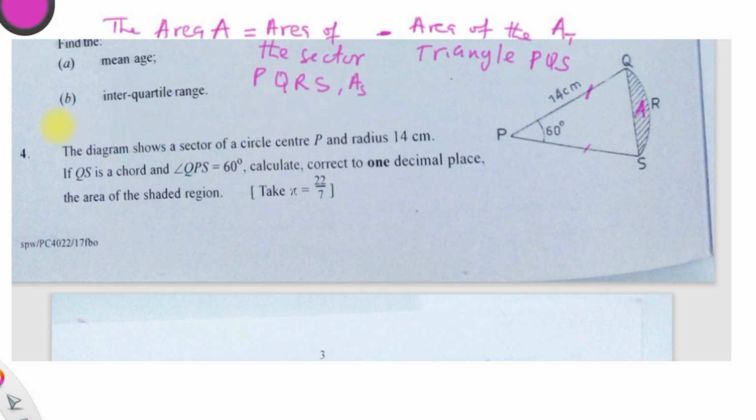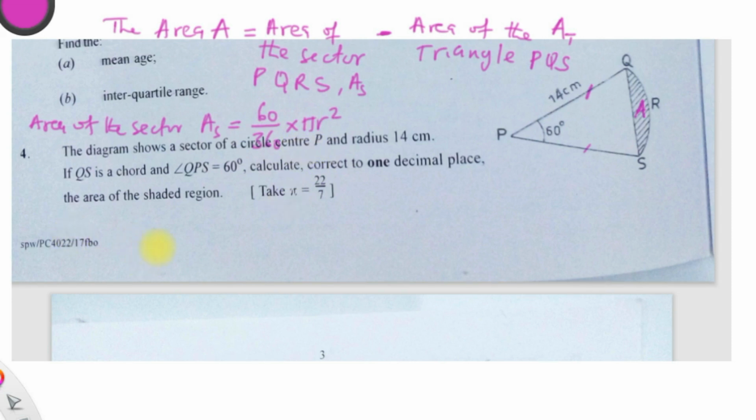So the area of the sector, AS, is given by 60 over 360 times pi r squared. How do we get this?